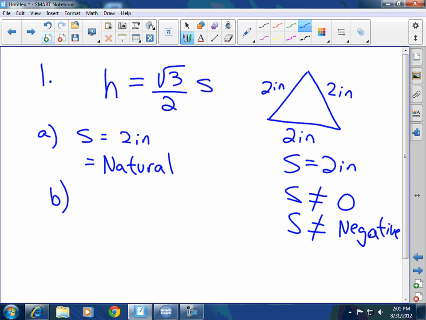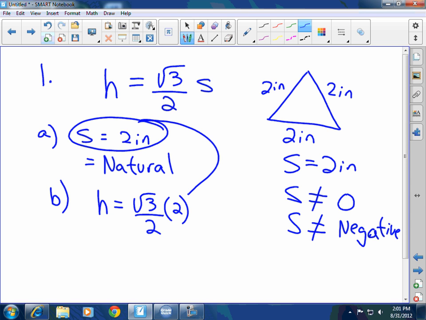And then for B, which set of numbers best describes the value of h in inches? Well, h equals radical 3 over 2 times s, which is 2. We already knew that s was 2. This is called evaluating. We went over evaluating. That's when you plug in a known value into an expression and solve.